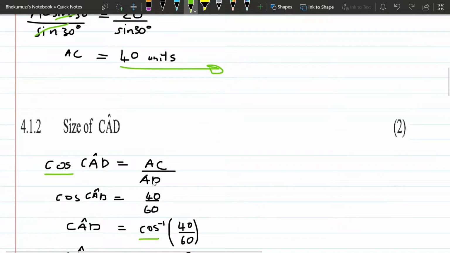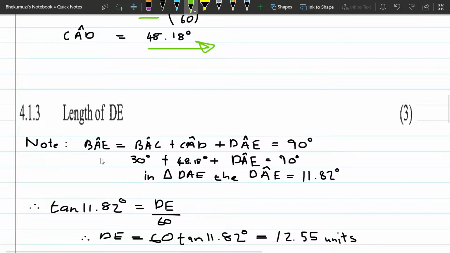BAC plus CAD plus DAE equals 90 degrees, and it's 30 and 48. We find that in triangle ADE, DAE is 11.82 degrees. So this angle in the center here is 11.82 degrees.